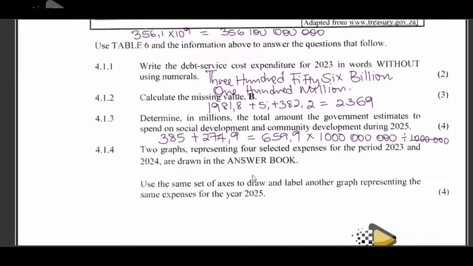That means we are going to remain with the three values. We're going to multiply by this 1,000. So the answer here is going to be 659, this is a million. So this is the answer.